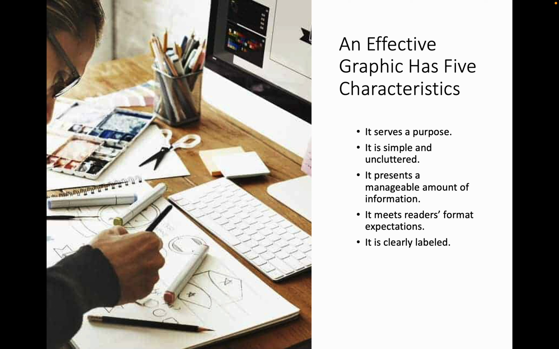It presents a manageable amount of information. It meets your reader's expectations in terms of format. If it's a chart or a graph or something like that, your reader can easily pull the information out of it because you have followed the rules related to those specific formats. And it is clearly labeled.